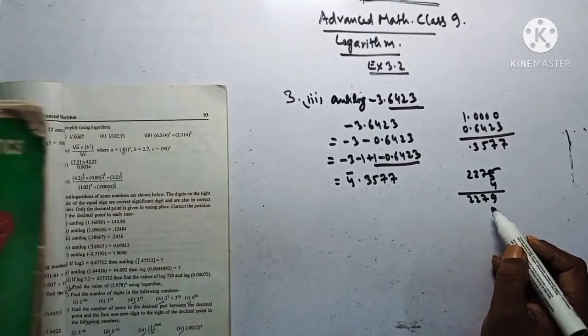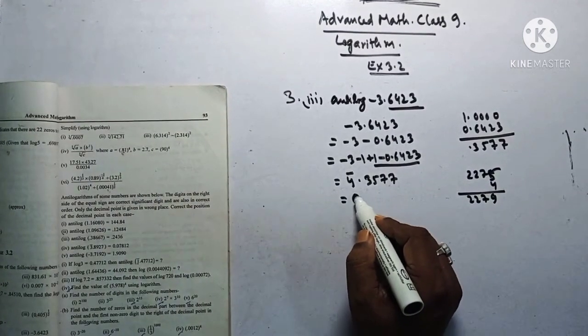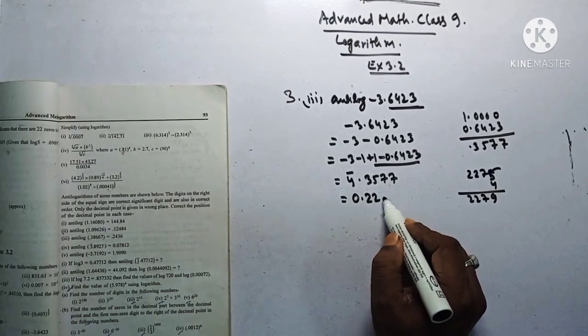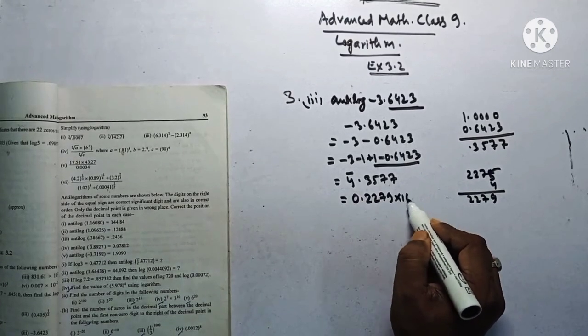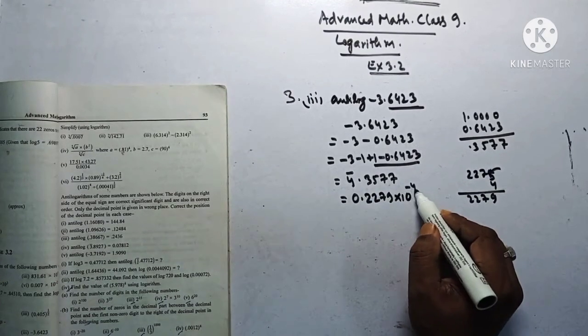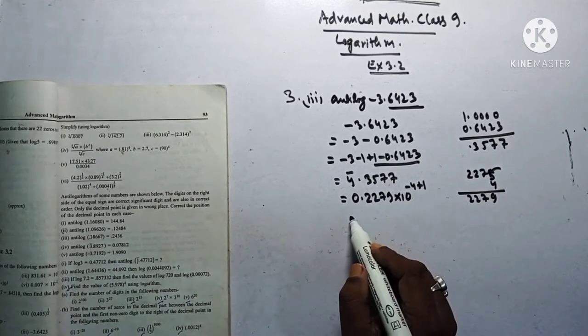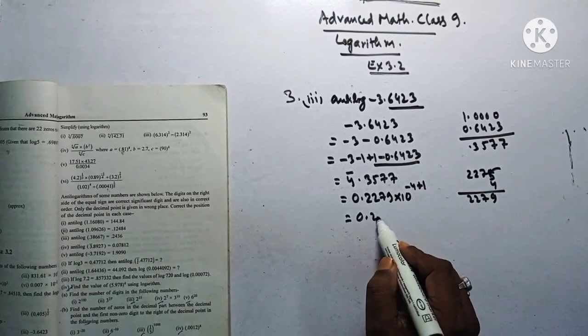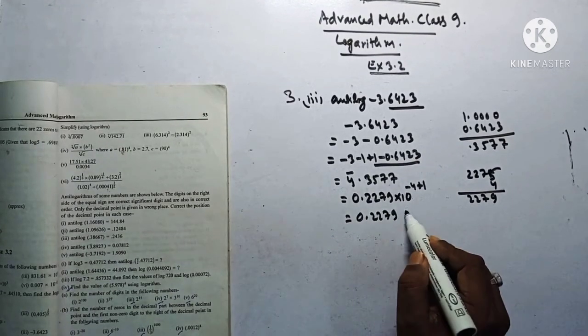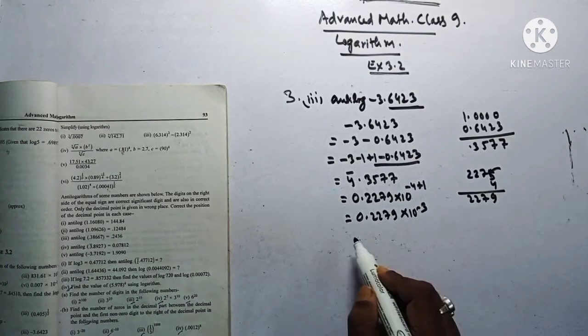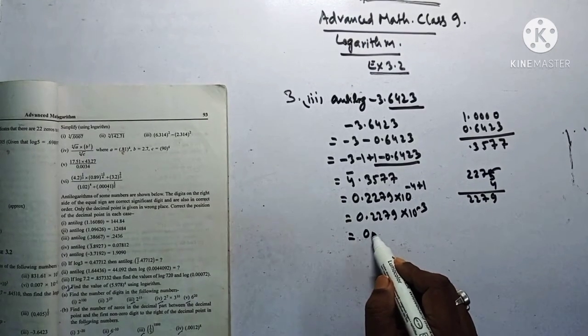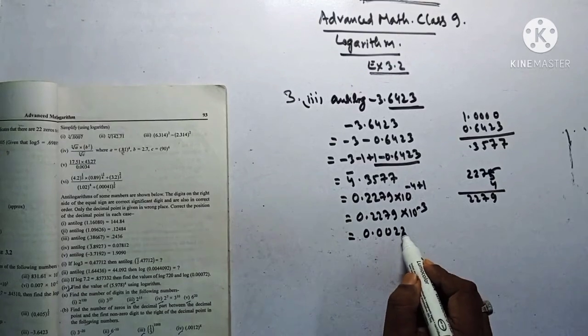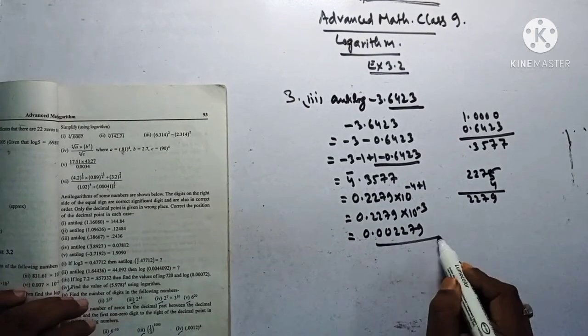Always write the value of mantissa after the decimal place, that is 2279 into 10 to the power of your characteristic, which is minus 4, and always add 1 to it. So this will be 0.2279 into 10 to the power of minus 3, so this will be 0.002279. This is your answer.